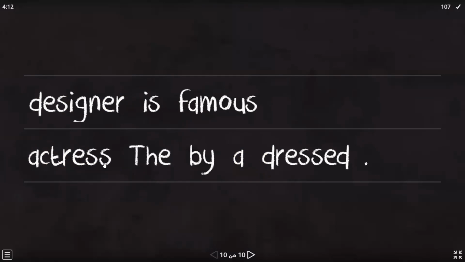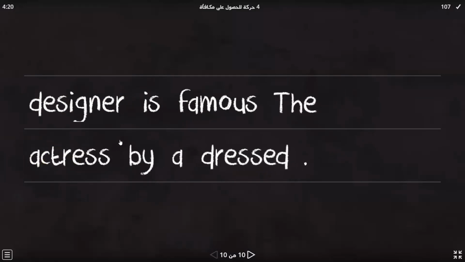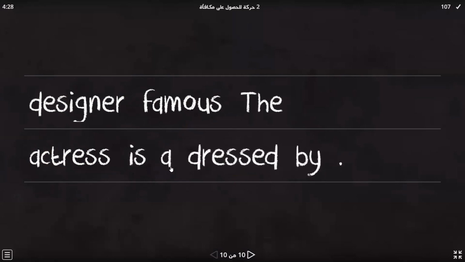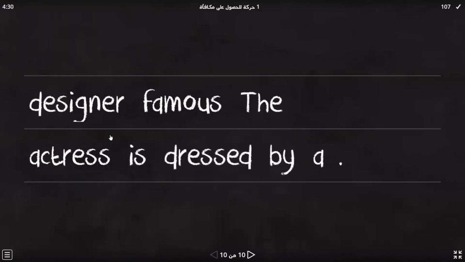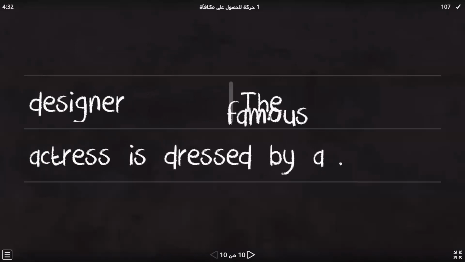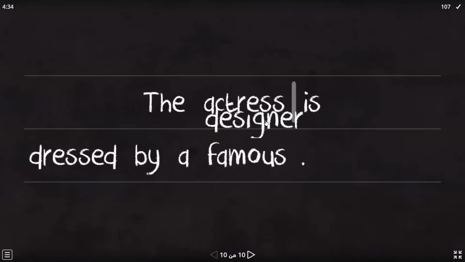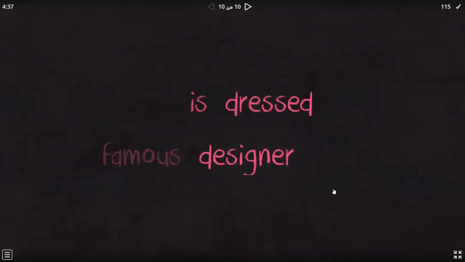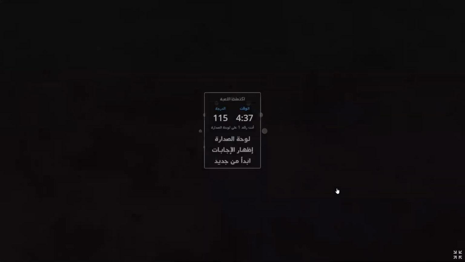The actress is dressed by a famous designer. Hooray! Good.